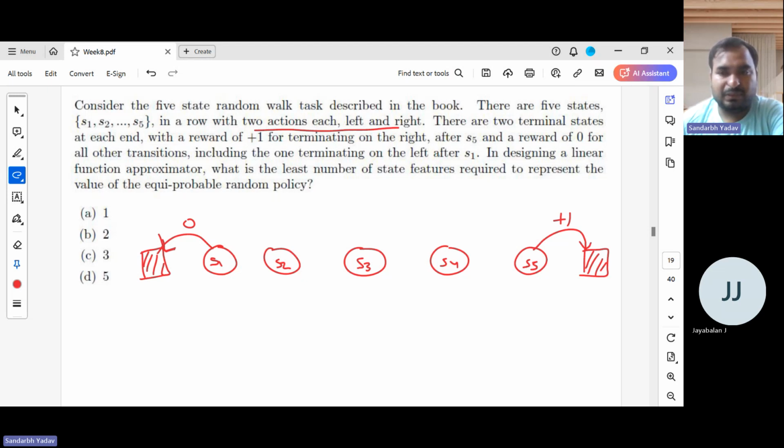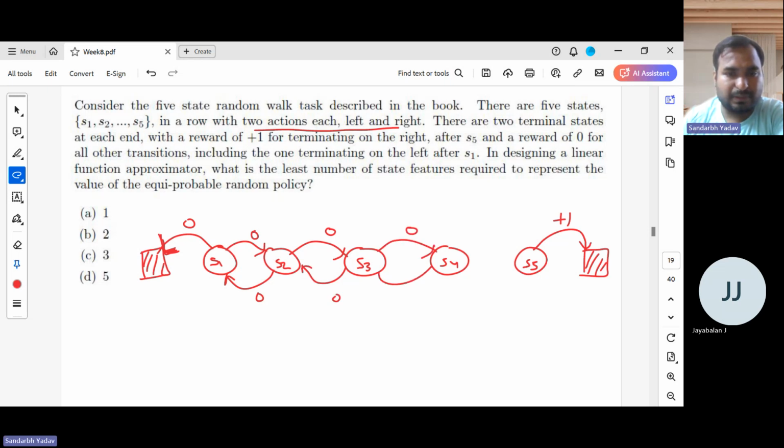Here you have moved left. We don't model transitions from terminal states because there are no outgoing transitions from a terminal state. You can only come into a terminal state. So this will be 0, this will be 0, this will be 0 again, and this will be 0.